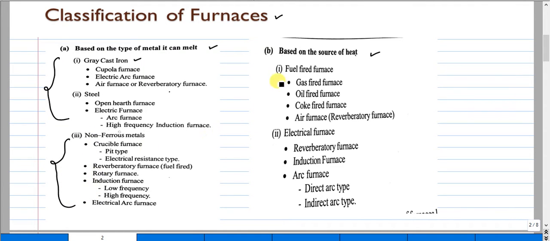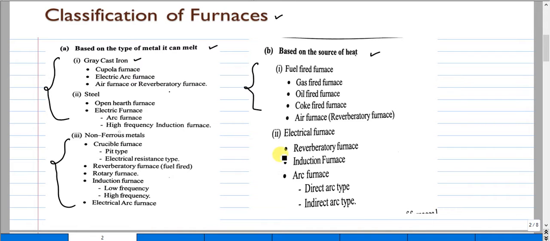And based on the source of heat, if you are using fuel as a source of heat, in that fuel also we have gas fired furnace, oil fired furnace, coke fired furnace, and air furnace. And the second variation is electrical furnace.